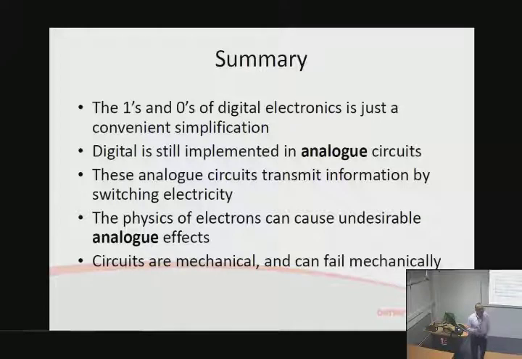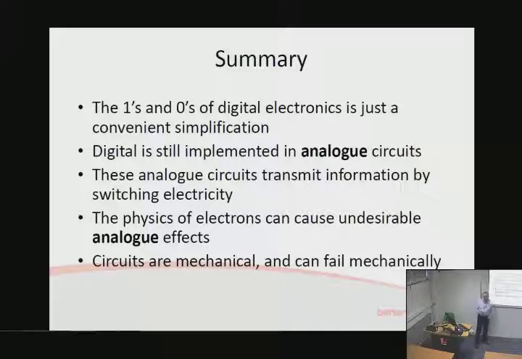And as anybody who's done their physics A level or O level will understand, electrons whizzing along cause all sorts of strange effects. It's not like water pouring down a pipe, and a lot of those effects can be unexpected and often undesirable. So we have to maintain an understanding of what these systems do and what those effects can be.